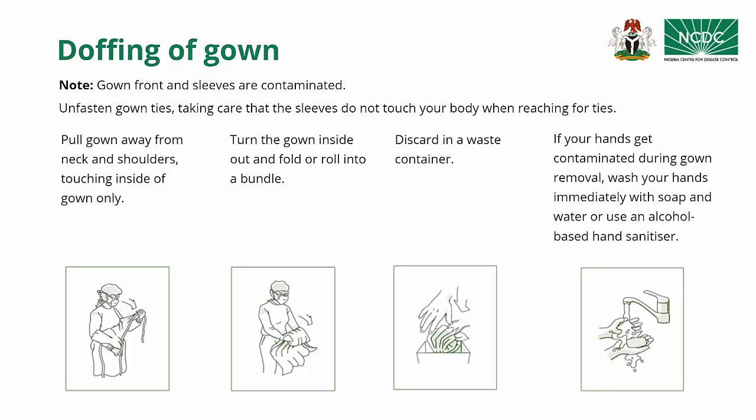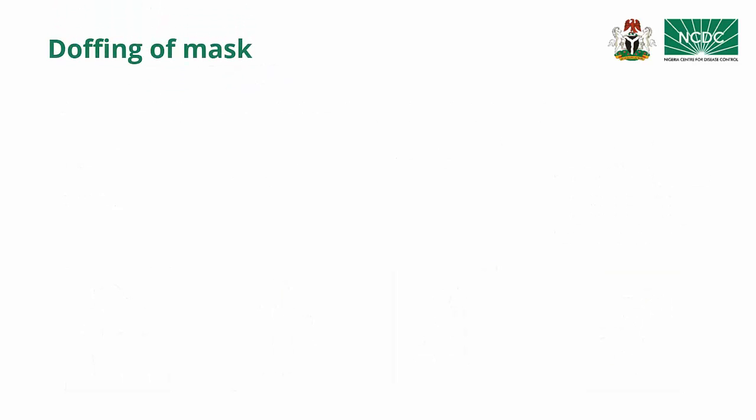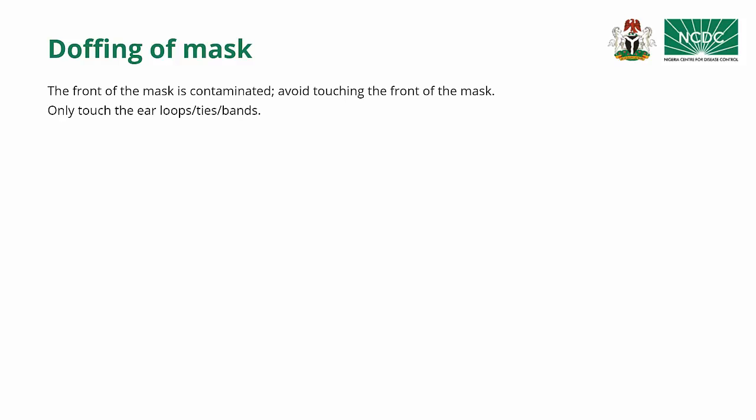As stated earlier, there are different types of masks and they come with different ways of doffing them. Note that the front of the mask is contaminated, so avoid touching the front of the mask. Only touch the ear loops, ties, or bands.